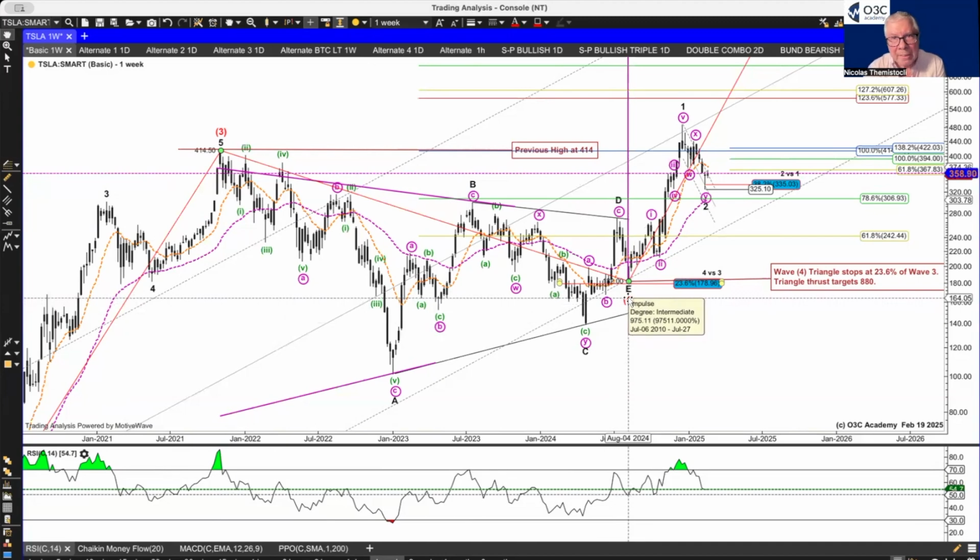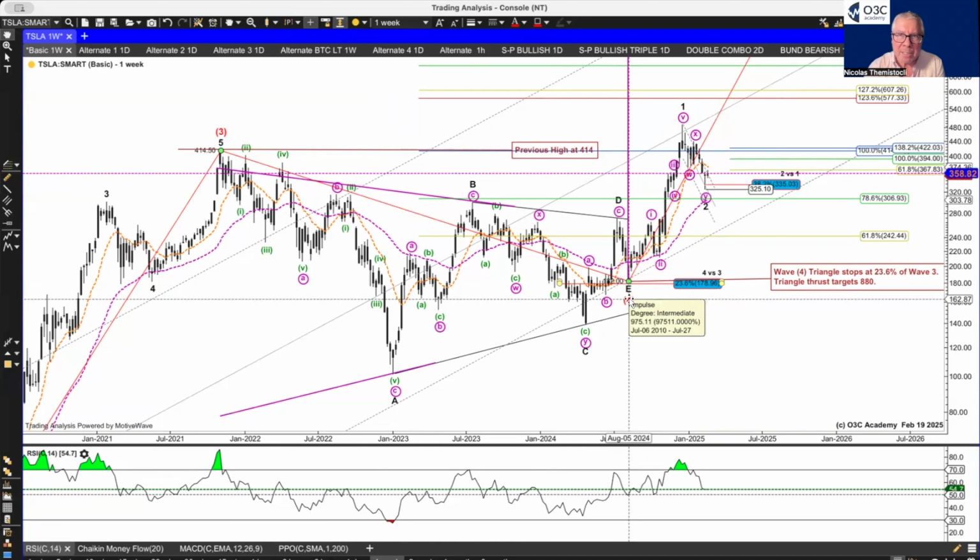And of course, this wave E happened on August the 5th. And for those that can remember what happened on August 5th, that was the day of the carry trade story. And a lot of stocks fell sharply on that day.